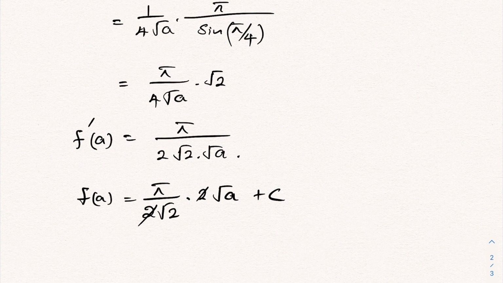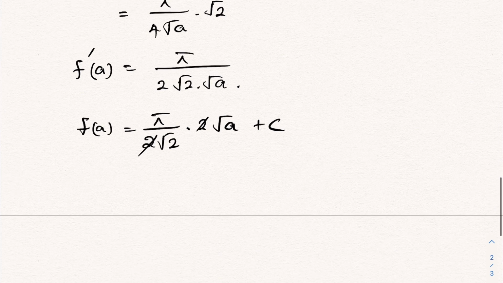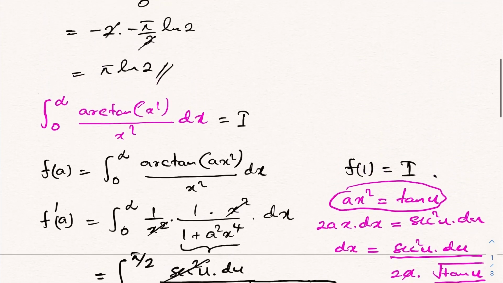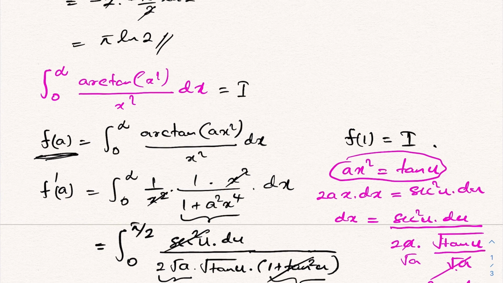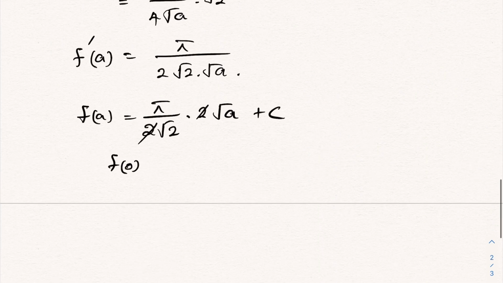Now we know f of 0 is equal to 0, and we know this is also equal to 0 here, so c is equal to 0.